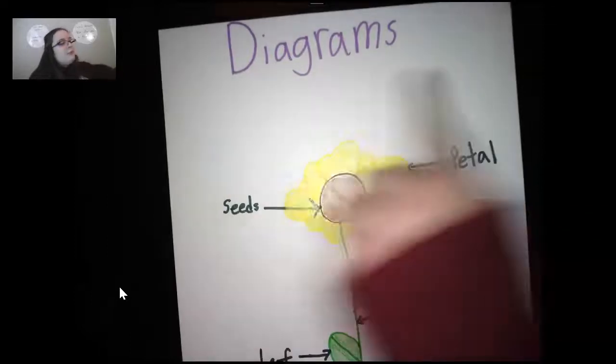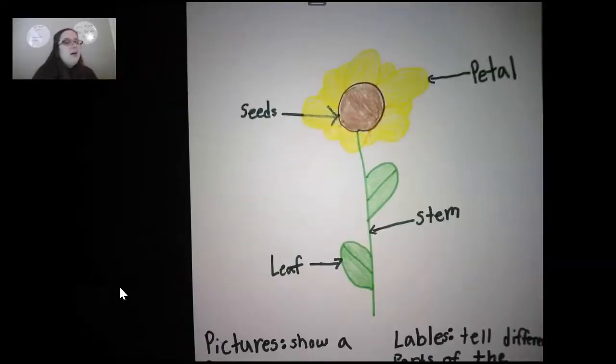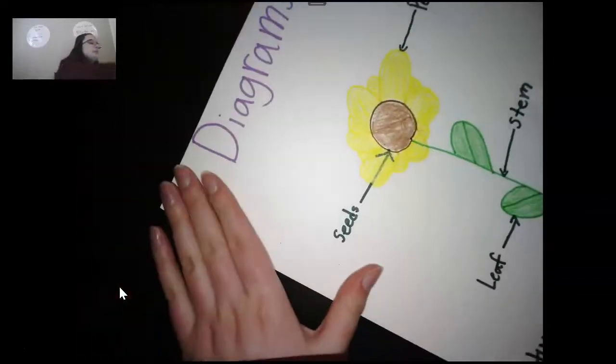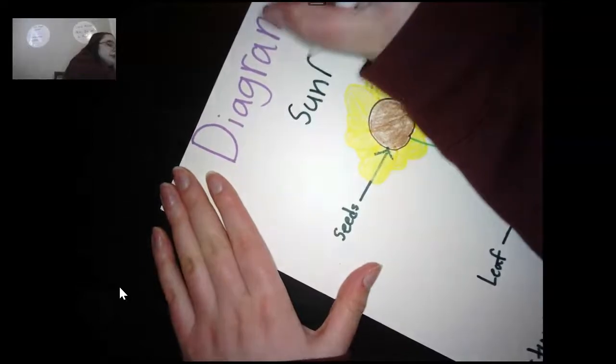So I have a label up here and it says diagrams, just because this is like our mini anchor chart. But we still have to have a title or heading, if you will, for our actual diagram. So this is a sunflower, so the heading or title of our diagram is going to be sunflower.